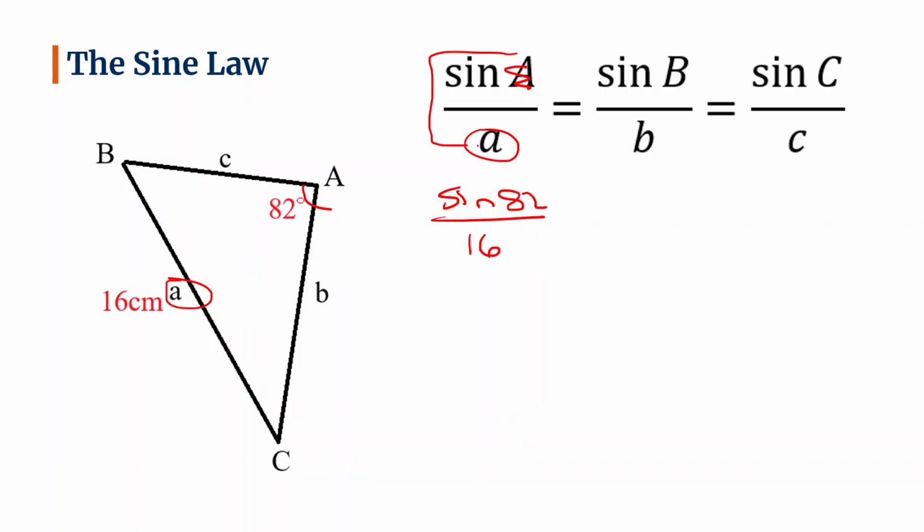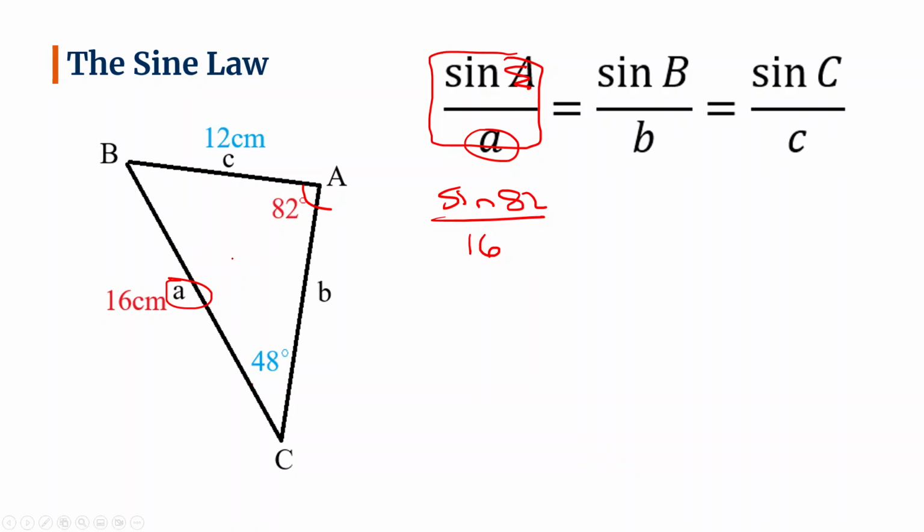That's what this would turn into mathematically for this triangle. And further, let's say that I knew about angle C and side C. So if I know angle C and I know side C, I can also say, well, then this must be sine 48 divided by 82.